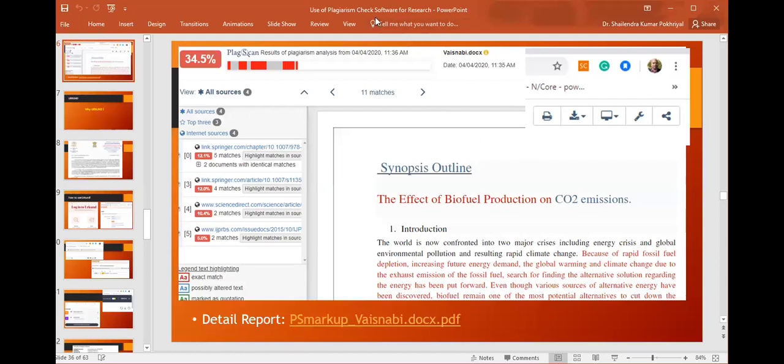After you do this and reduce the word limit below 2000, I come to know that it is giving the report. The report is giving 34.5% plagiarism issue. On the left hand side, you have different sources with the level also given here.